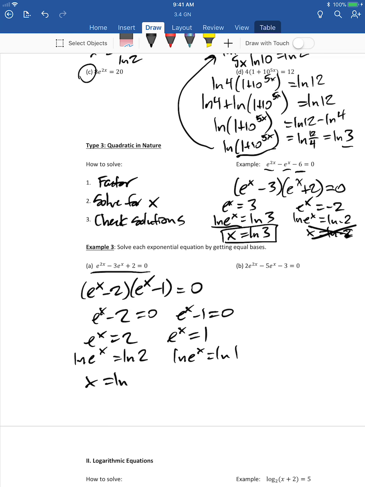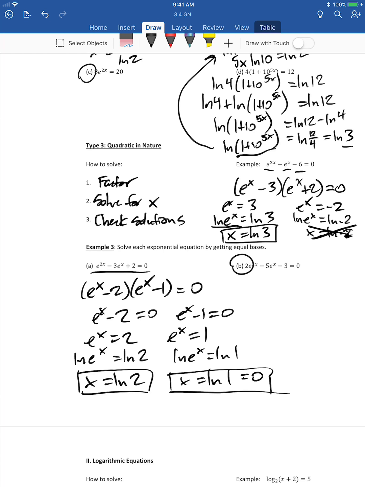So x equals the natural log of 2, and x equals the natural log of 1. Natural log of 1, we said that the log of any base of 1 equals 0. So these are two solutions. Do these work? Absolutely. I don't see any problems with these. We don't end up with a negative number in our argument. No domain problems, so we're good.